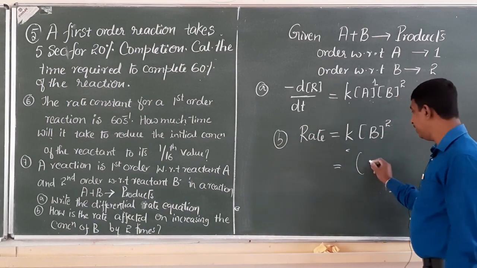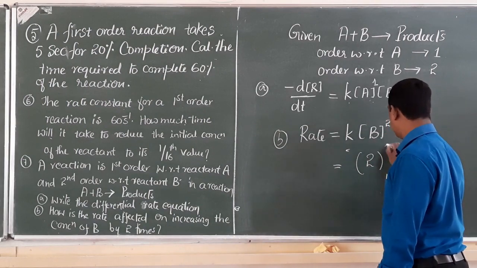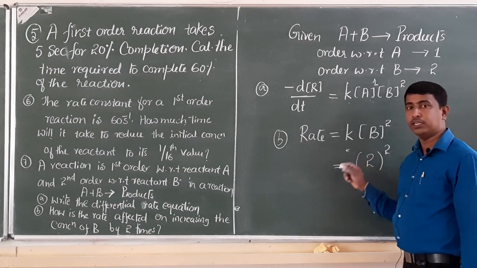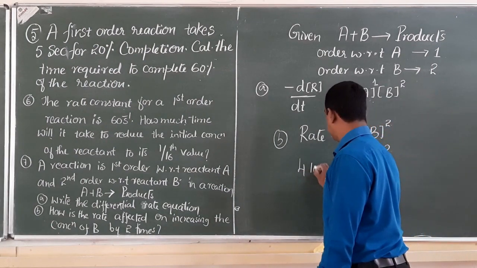So the concentration of B is increased by 2 times. What happens to rate? 2 to the power 2, what happens?